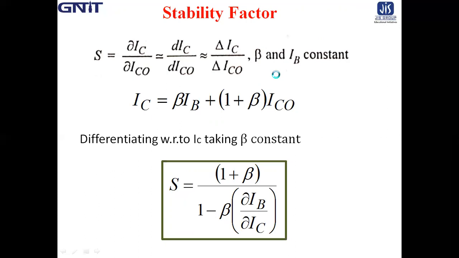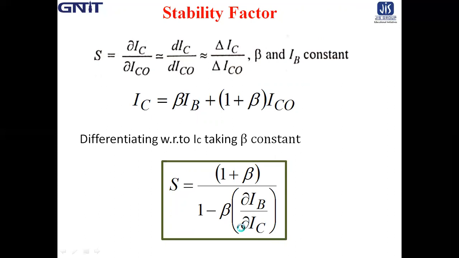The collector current of a common emitter configuration is given by IC is equal to beta IB plus (1 plus beta) ICO. Now differentiating both sides with respect to IC and taking beta as constant, and after some simplification of the mathematical expression, finally we get the stability factor equal to (1 plus beta) by (1 minus beta into del IB by del IC).